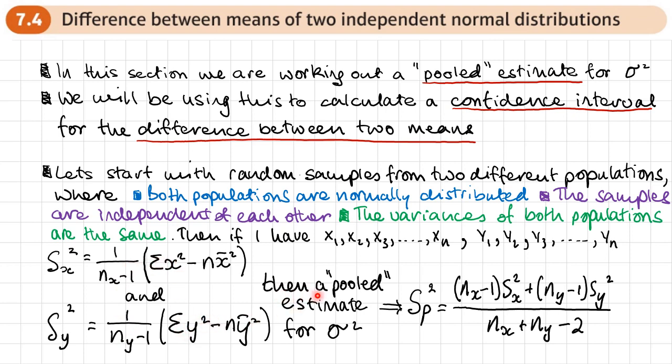Then if we want to work out a pooled estimate for the population variance of both of these populations, we're assuming that the variance of both populations are the same when we're trying to work out what that is.